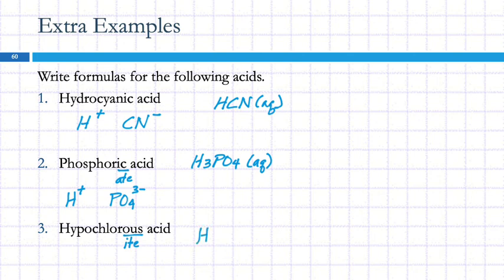So this is going to have hydrogen, and so chlorate had 3 oxygens. Chlorite was 2, and below that, hypochlorite is only 1 oxygen, and it has a minus 1 charge, and so the formula is HClO. Any questions?